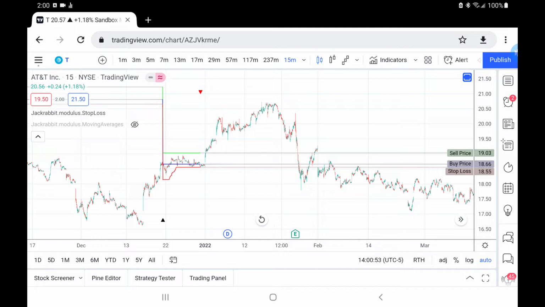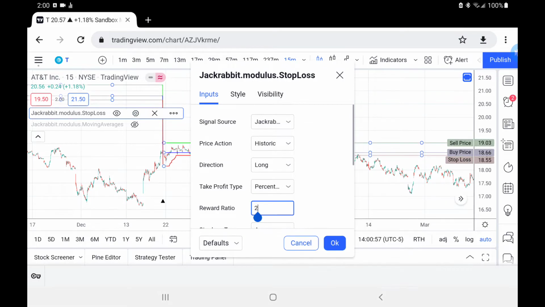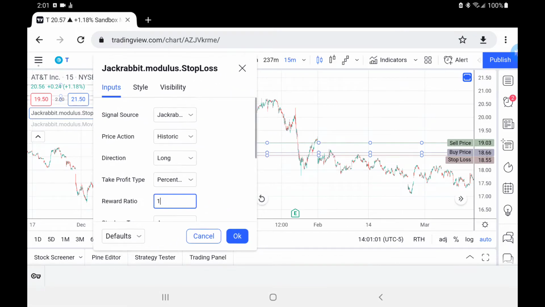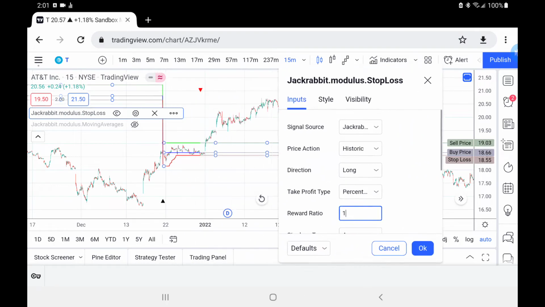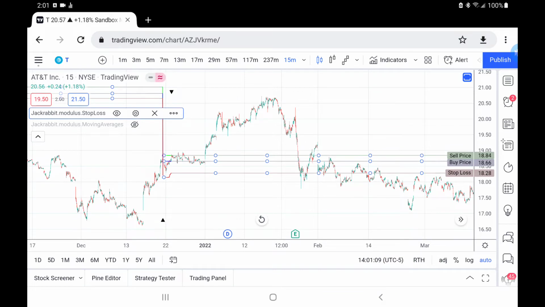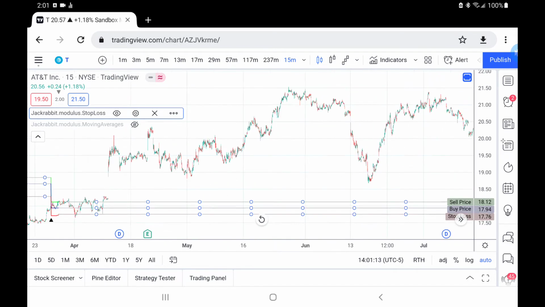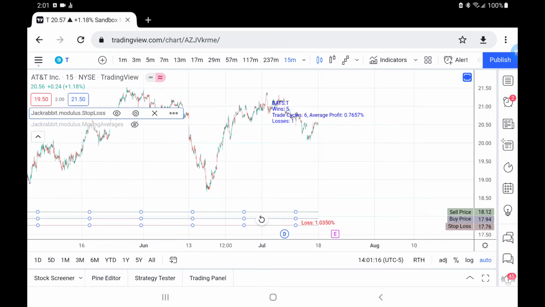Okay, looking at two different trades. Given the fact that market volatility isn't all that great, let's see if we can get a 1% profit. And we can. Okay, so now let's look at it. Now we have a 0.76 total profit.